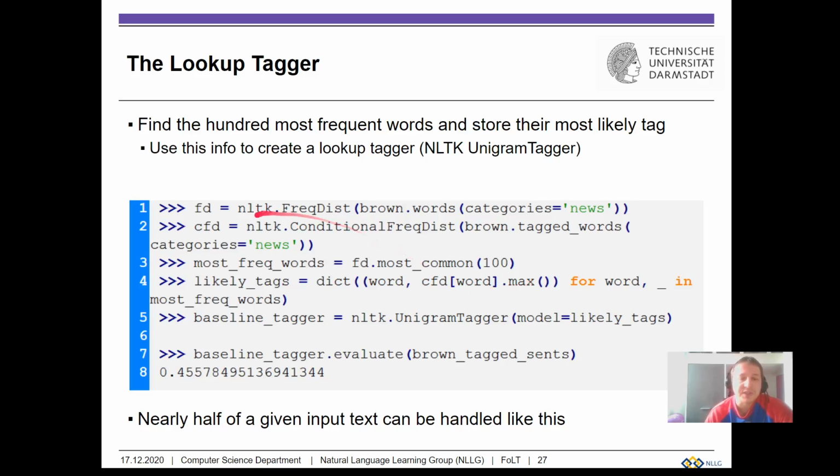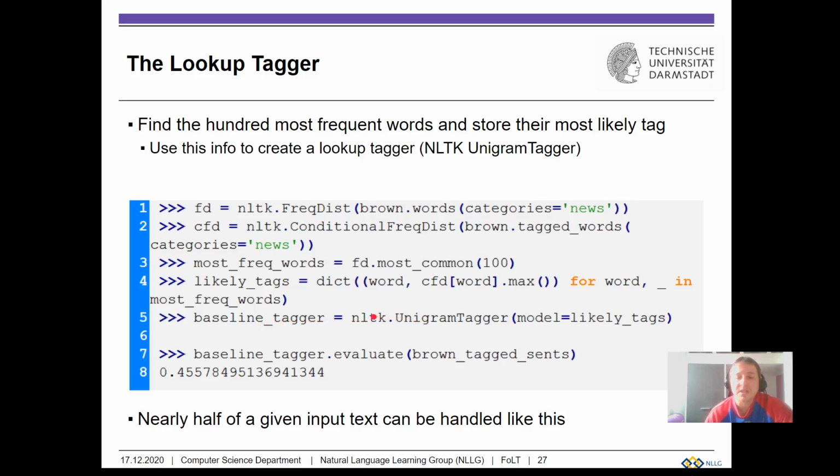We are using this conditional frequency distribution up here, where we have paired the words with their tags. When we type CFD of a word, we get a distribution for this particular word over its part of speech tags, and we take the maximum out of there, right? And then we implement this as our next baseline tagger.